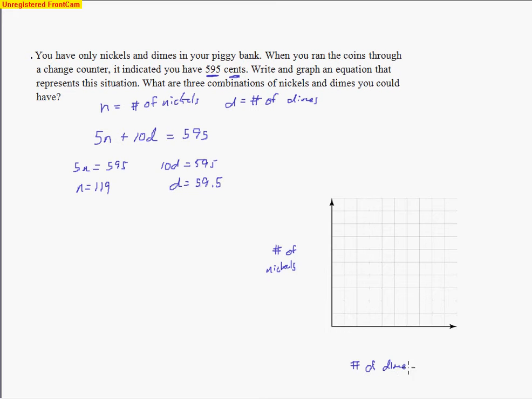So it's arbitrary which side I put it on. I definitely would have a whole lot more nickels than dimes because nickels are worth less than a dime. So I'm going to have a way of getting up all the way to 119.